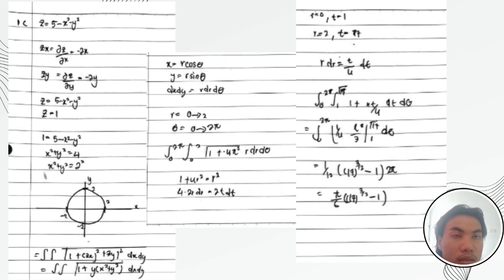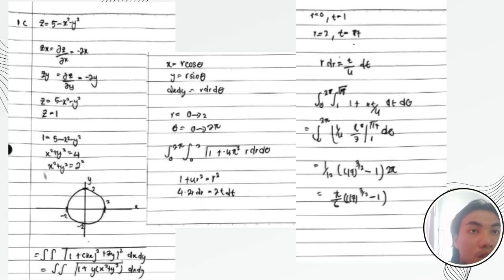Also, dA is equal to r dr d theta. The integrand in polar coordinates is the square root of 1 plus 4r squared. The surface area integral becomes the integral from 0 to 2 pi and 0 to 2 of the square root of 1 plus 4r squared, times r dr d theta.